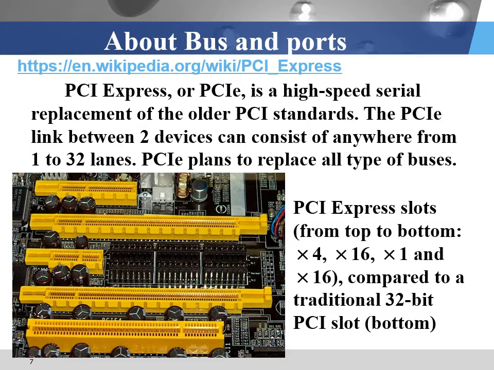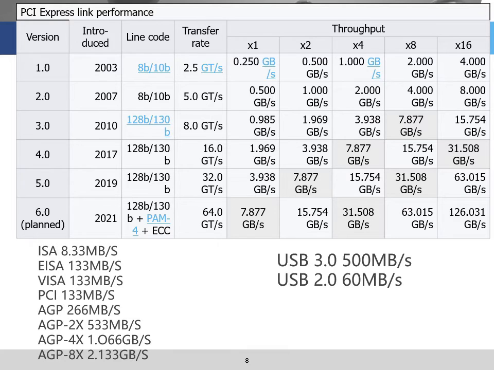So in this image, we see several different types of PCIe buses. The top one is a PCIe bus with 4 lanes, the second one includes 16 lanes, and the third one includes 1 lane. This slide shows you the speed of different types of buses.